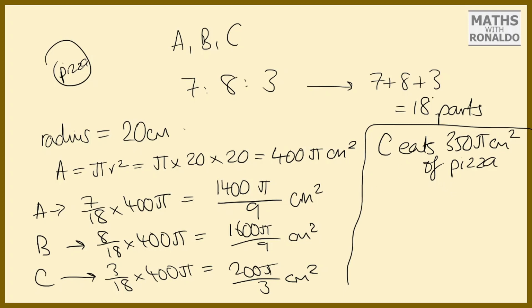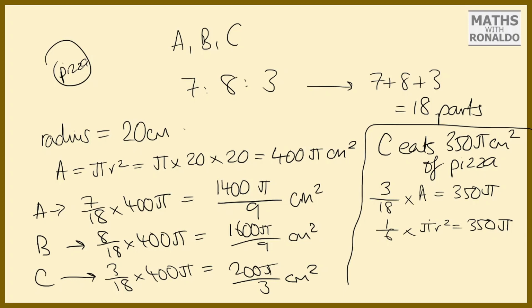Well, we can say that we know C eats 3 over 18 of the whole, so 3 over 18 times the area equals 350 pi. We can simplify. 3 over 18 is the same as 1 over 6, and so 1 over 6 times the area, which we know is pi r squared, equals 350 pi.